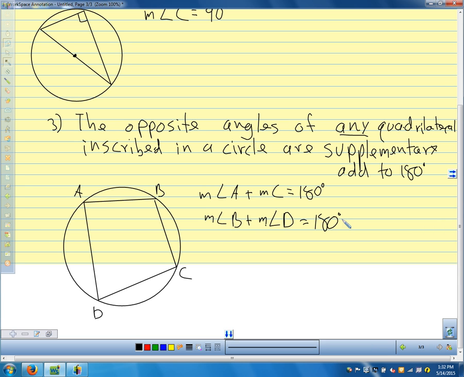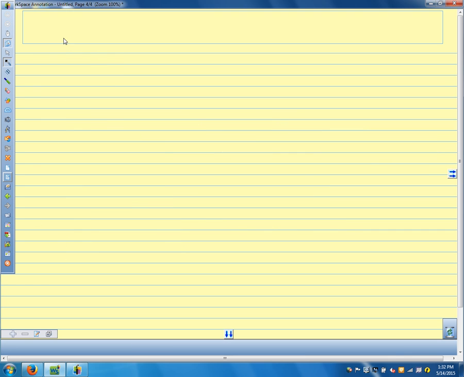All right, let's look at a couple of examples that have to do with these corollaries. First one, this one should be easy.